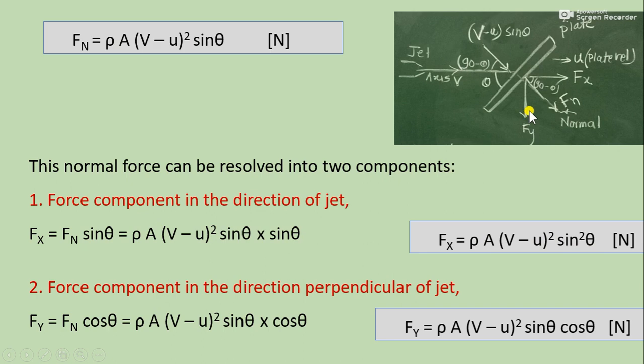And Fy can be written as Fn cos theta. By substituting Fn, we get Fy equal to rho a (v minus u) square sin theta cos theta. These two forces are in Newton.